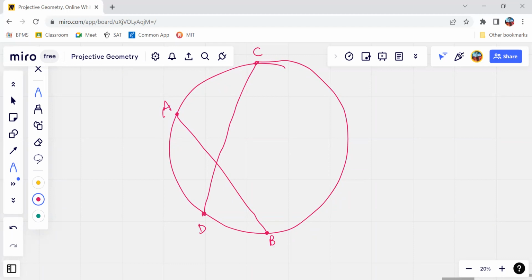It doesn't really matter what order you name them. I'm just picking it for convenience.